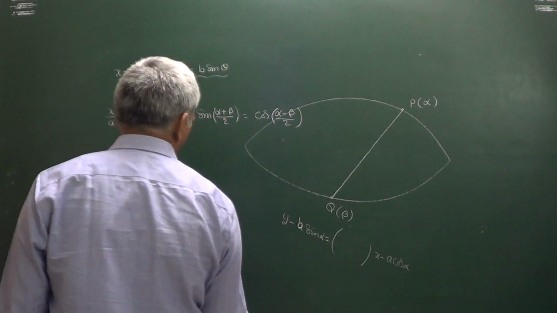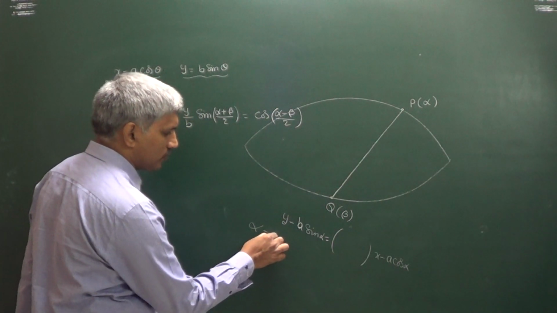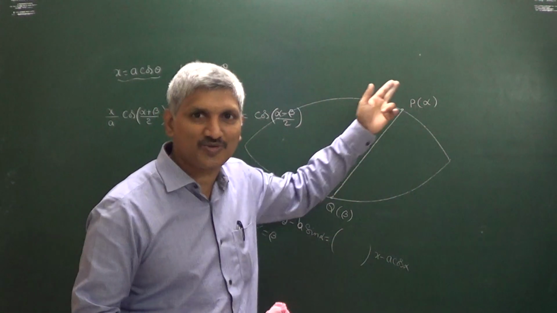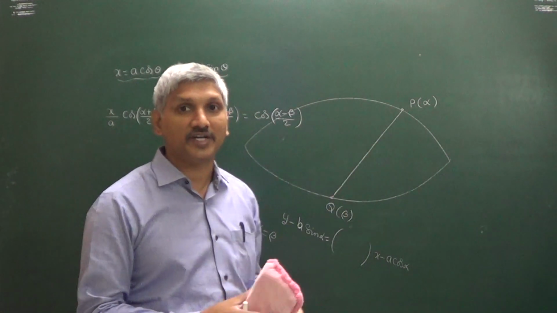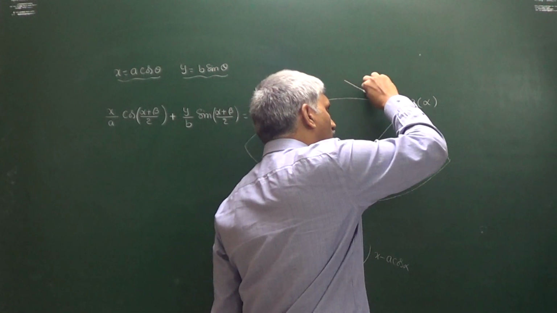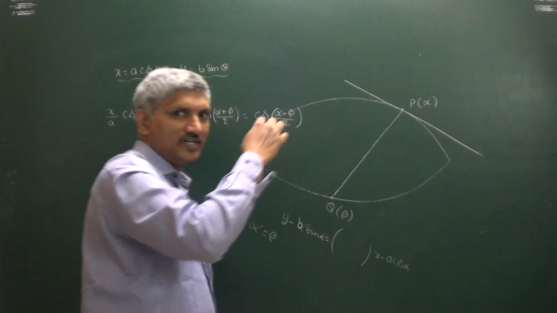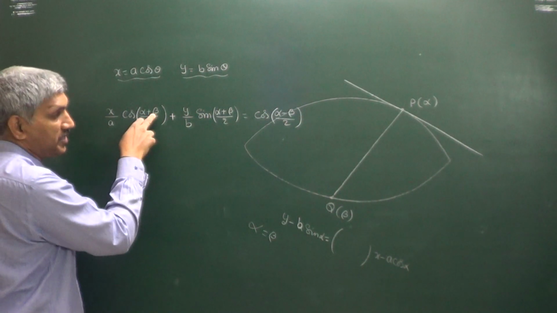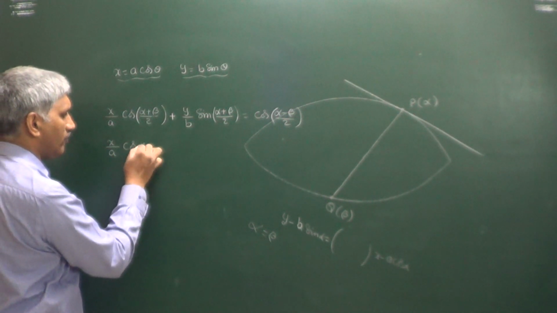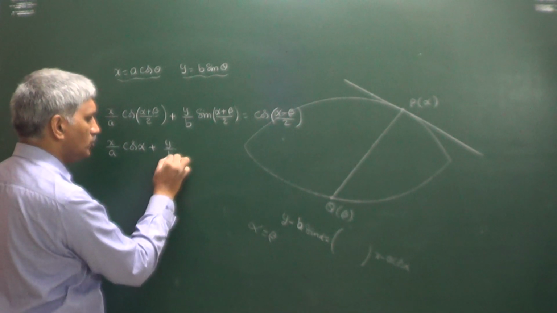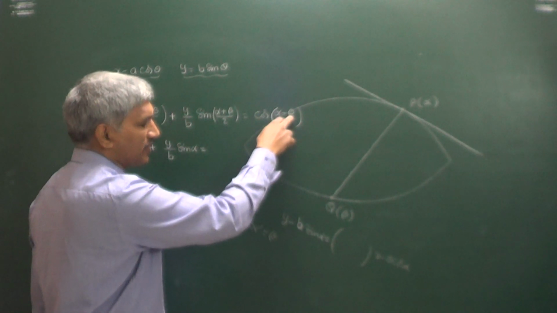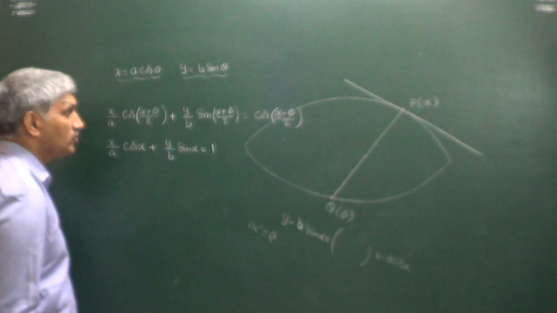Now you can see if alpha is equal to beta, alpha and beta coincide. That means Q approaches P, and the chord becomes a tangent. So that's why the equation of the tangent at alpha, what about the tangent equation? In place of beta also we have to write alpha. Then you will get x by a into cos alpha plus y by b into sin alpha is equal to, in place of beta we are writing alpha, cos 0 is equal to 1.